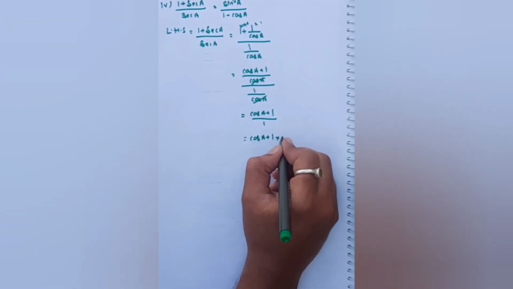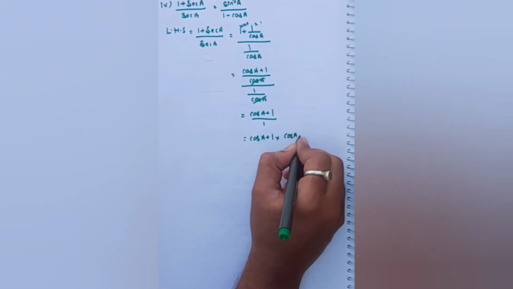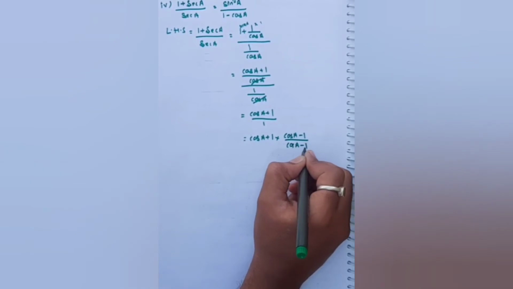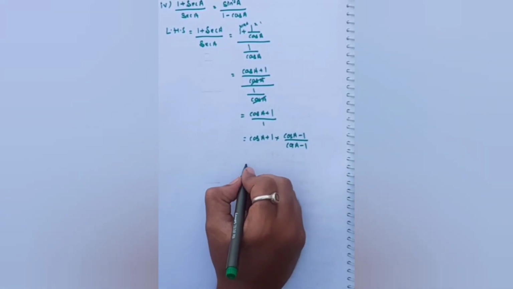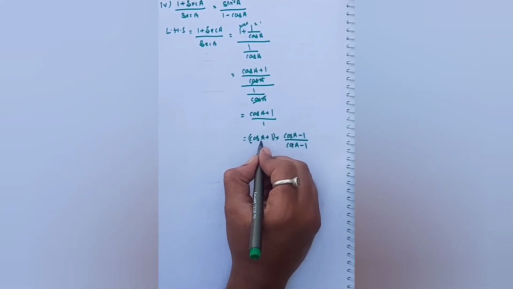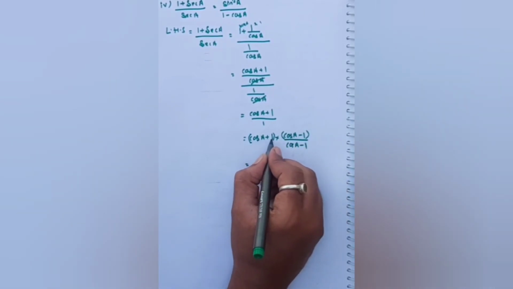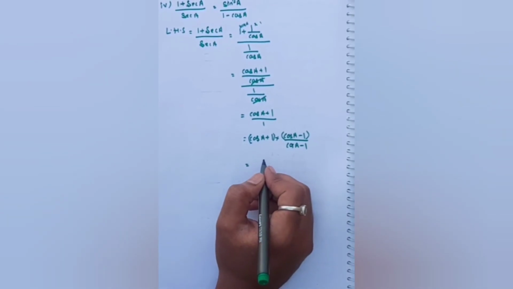So here I will make multiplication and divide by cos a minus 1. So now see here, it is cos a plus 1 and it is cos a minus 1, a plus b, a minus b, we can write a square minus b square.